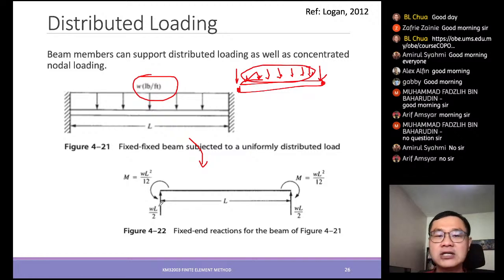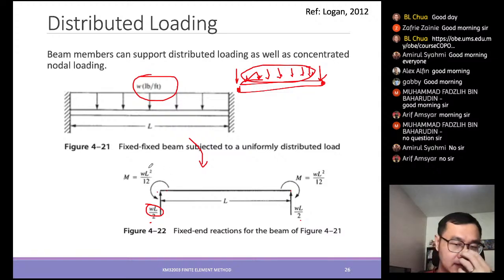So we assume it is equally distributed among the two nodes. Therefore we use the total load divided by 2, because it is being supported by two nodes, right? Same thing, we can recalculate the moment, and it is given by WL square over 12, right?